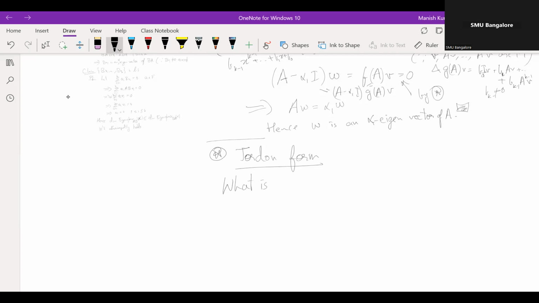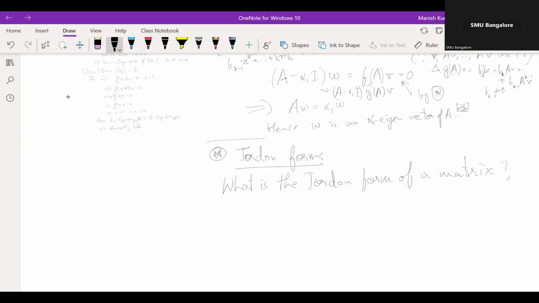What is the Jordan form of a matrix? It makes sense only when you're working over an algebraically closed field.